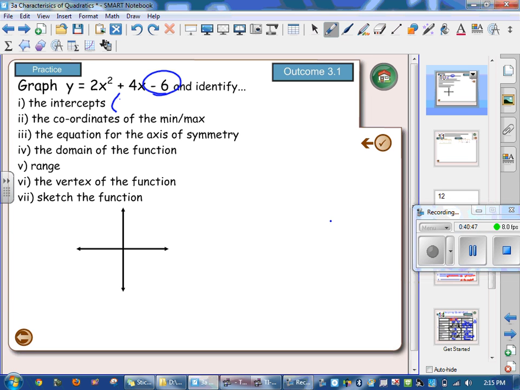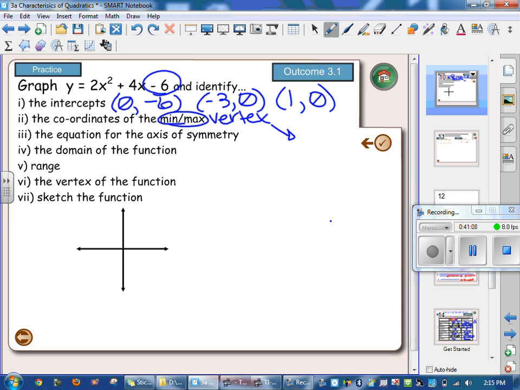Again, that's my vertex. So in this case, the min-max, don't forget, that is the vertex. This is going to give me -1 and -8. Now my equation of symmetry, I'm going to use my -1. So x equals -1. Domain, always. X such that x can be any real number. There's no boundaries on x.